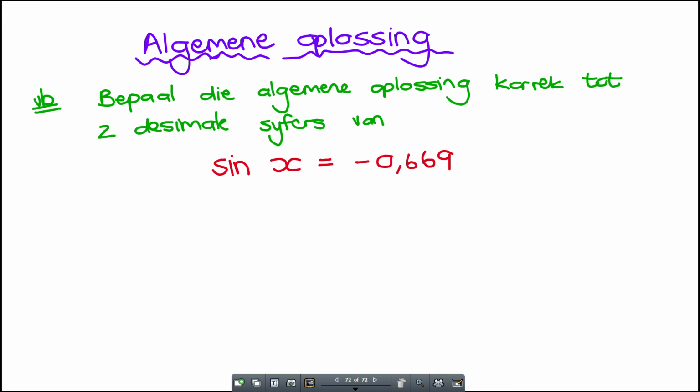Okay, English people, I'll just repeat again. So it's general solution. So the green says determine the general solution correct to 2 decimals of, and then the red, sine x is equal to minus 0,669. Okay.